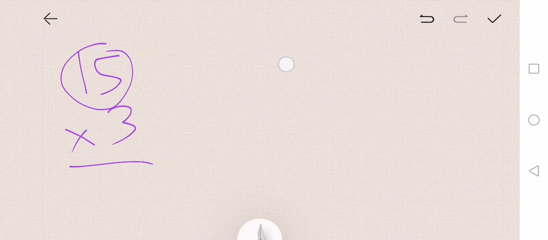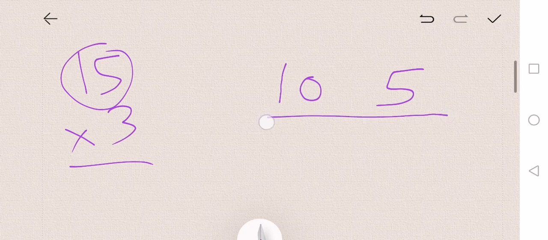So 15 is 10 plus 5, so 10 and 5, and you need to create a box like this.